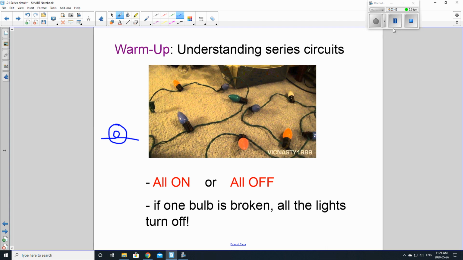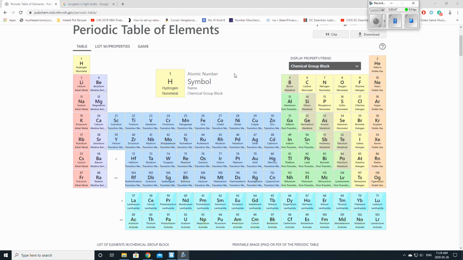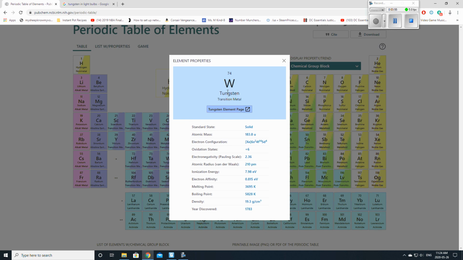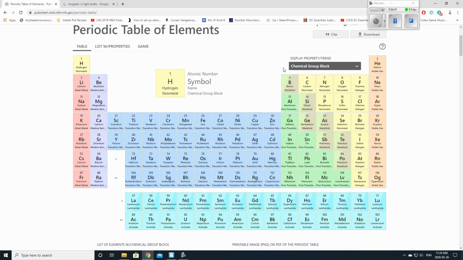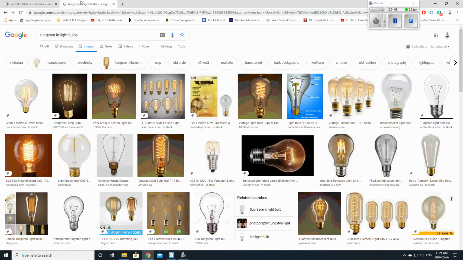Everyone say tungsten. On the periodic table, tungsten is a metal, an element, and it has the symbol W. It is a metal that has a high resistance, so when you pass electricity through it, it will glow very, very brightly.